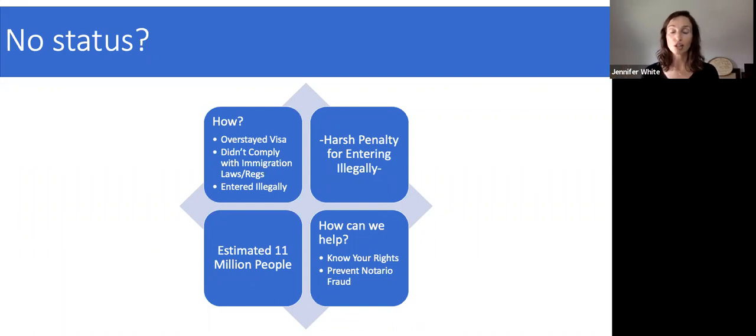Our government then knows where this person is, could come after them. Whereas before, oftentimes folks are under the radar. So when people are educated and they know, okay, I'm not eligible for anything right now, they're far less likely to be exploited by someone who is pursuing notario fraud.